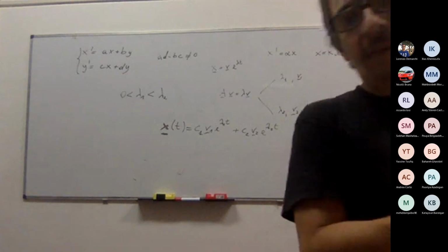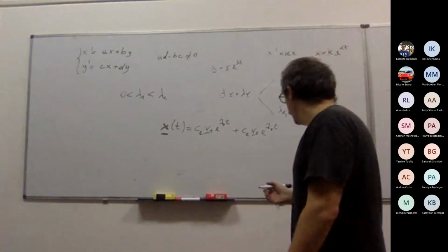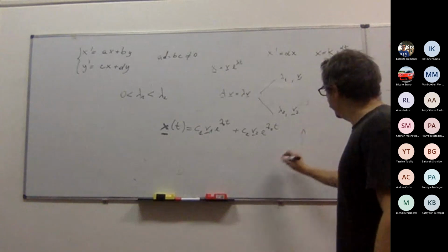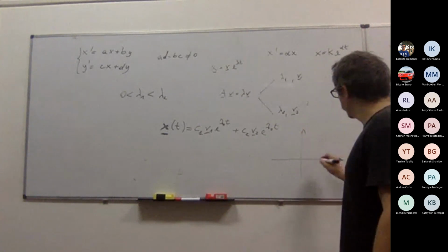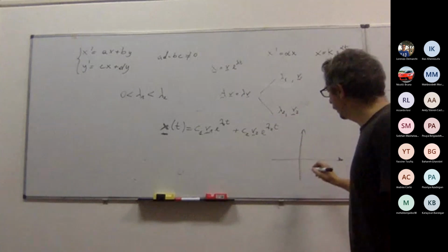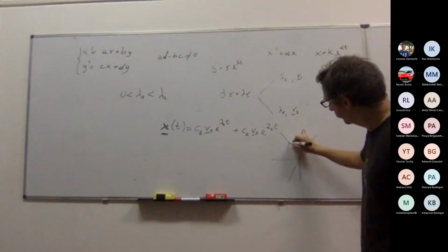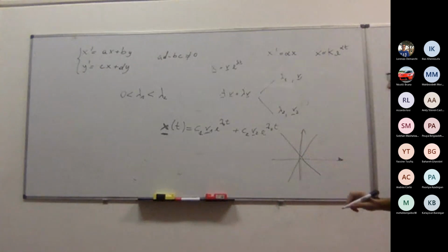So basically, these are what are called the separatrices in the phase plane. This would be basically these guys here.